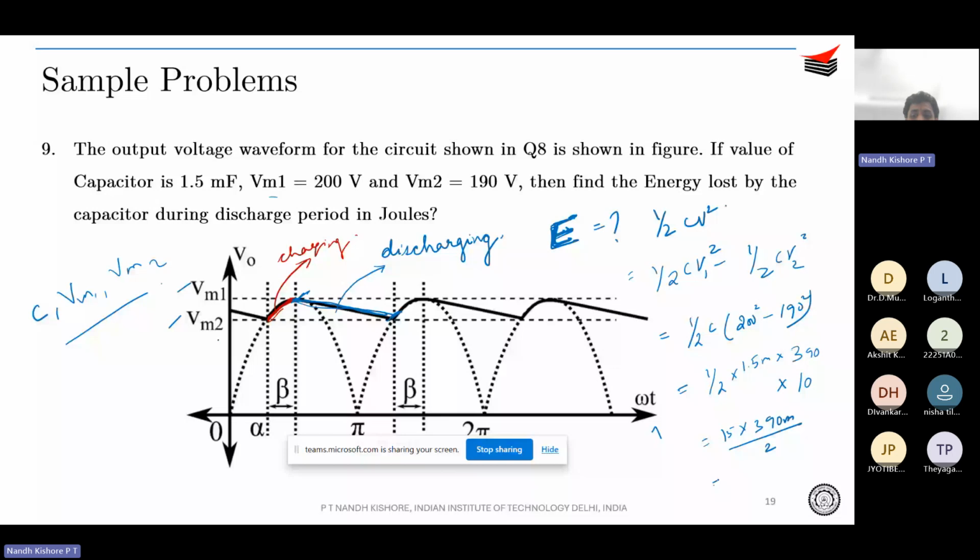So what is the answer you are getting? 15 into 0.39 by 2. Yeah, so around 2.925 joules. So this is the energy that is lost.